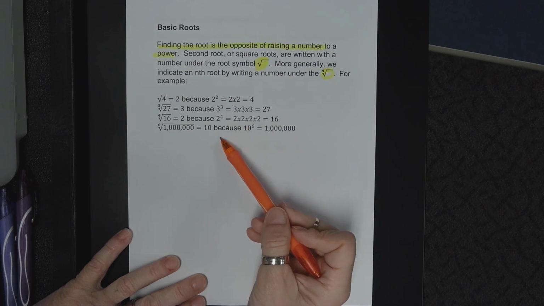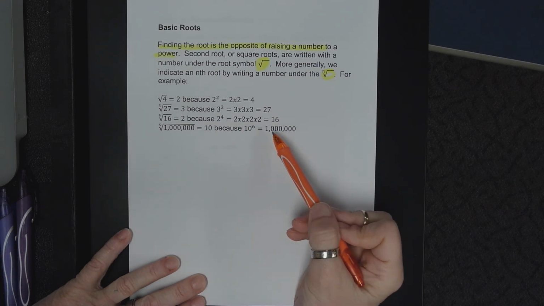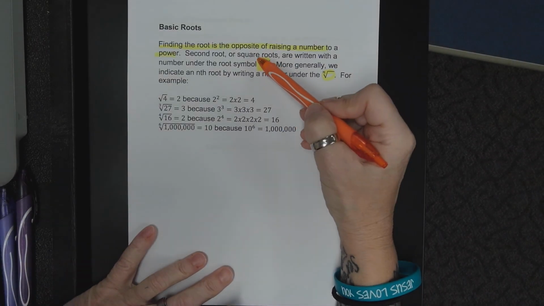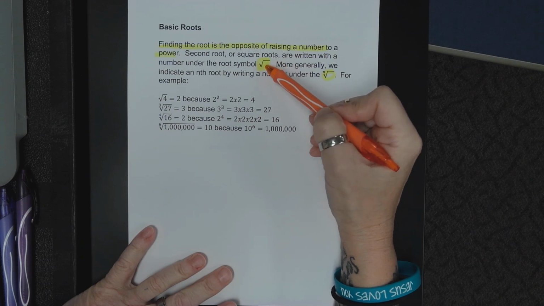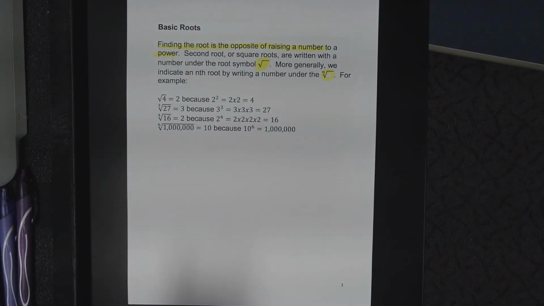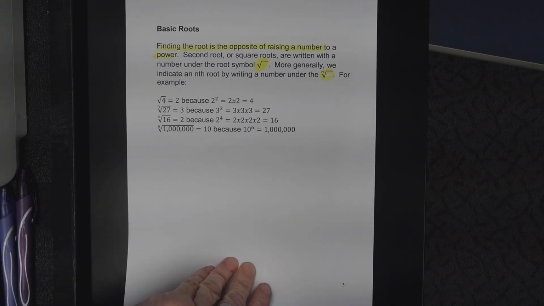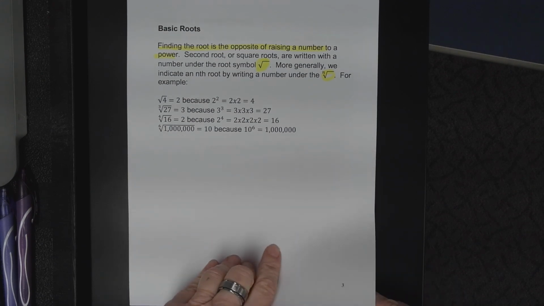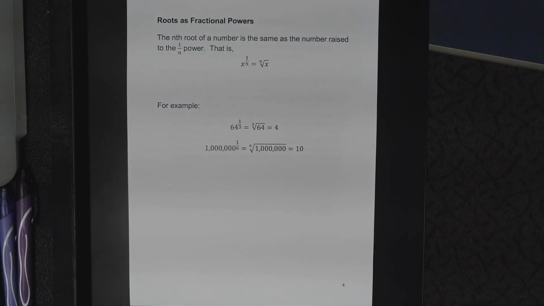Well, that was 10, because 10 to the 6th power is a million. Okay? That's kind of what that means. When you see this sign, it just means, what number did you take 2 of to make whatever's underneath it? All right, I hope I explained that pretty well. If not, I'm sorry. It's the best explanation I could give today. Maybe tomorrow, if you call me, I could do better.